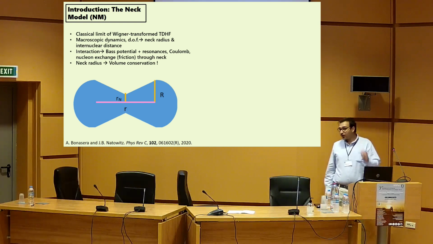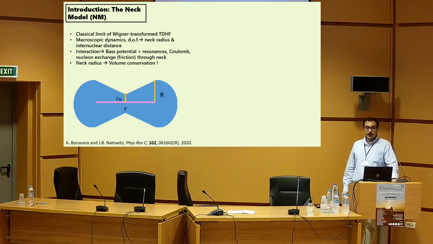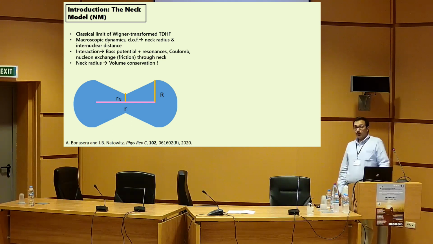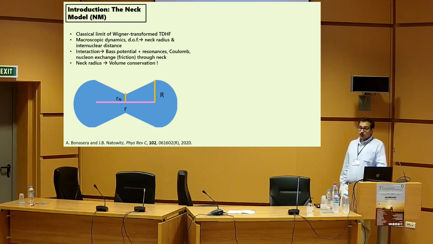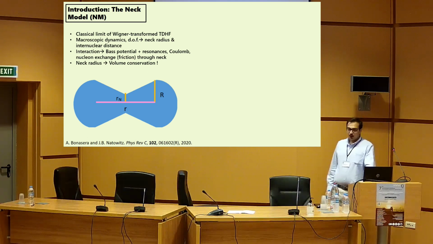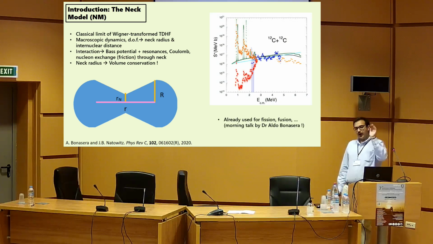And these are actually the 2 degrees of freedom that evolve according to a semi-classical equation of motion, with the Bass potential, which we have modified in order to create the resonance of the compound nucleus, as well as a nucleon exchange through the neck.